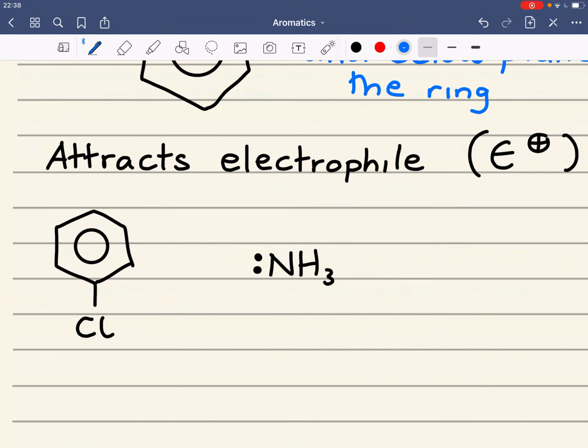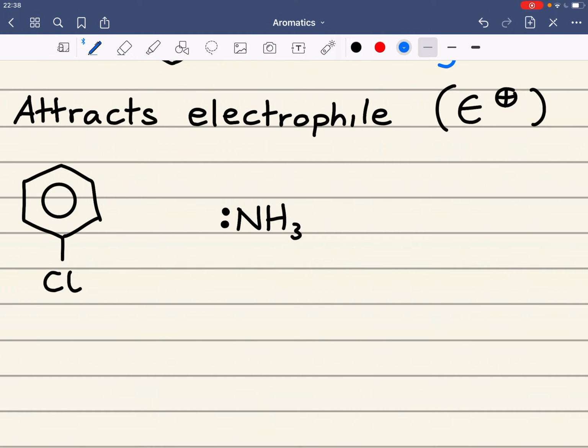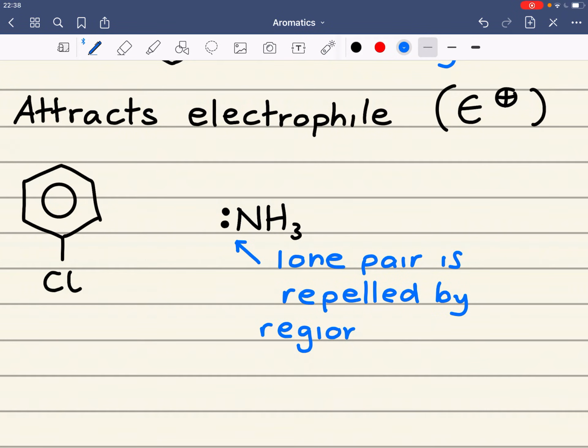Why is that? Because this lone pair here is repelled by the region of high electron density above and below the plane of the ring.